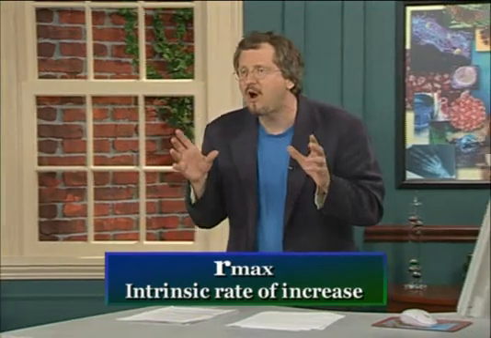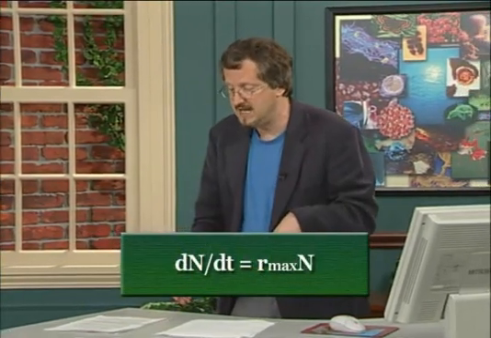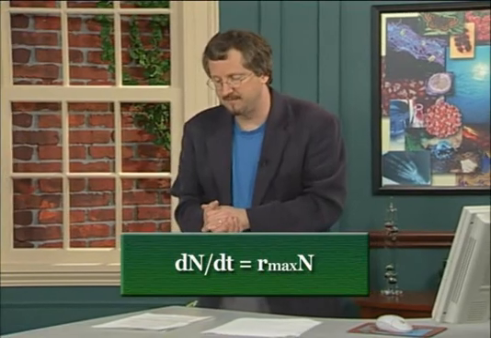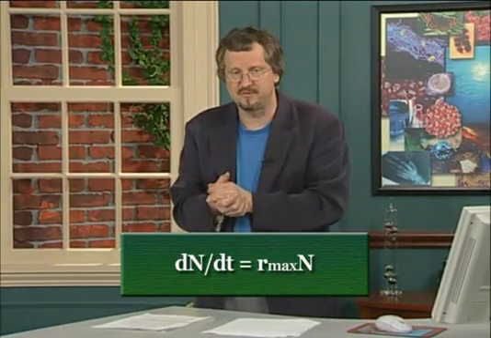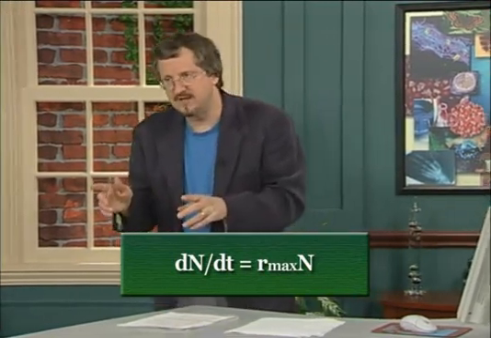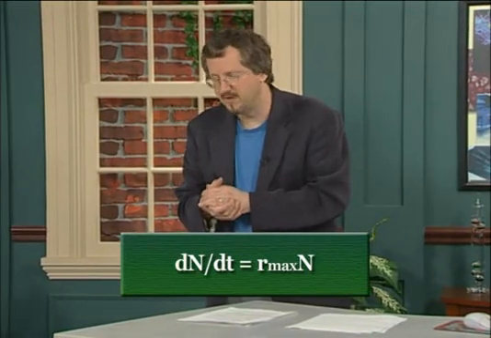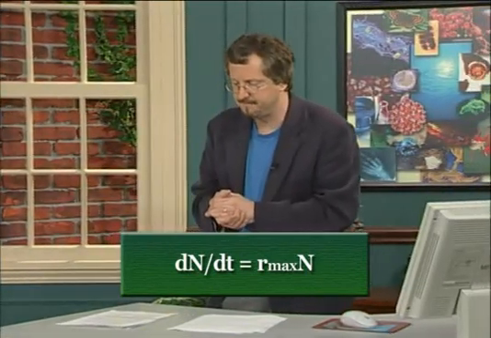And r max is really a kind of life history parameter on its own. What r max is saying is, what's the maximum rate that this population could possibly increase if nothing's getting in its way. And so we would write an equation for this maximum rate of increase as something like dn dt equals r max times n, using explicitly the intrinsic rate of increase, but acknowledging that populations don't always grow at this maximum rate.